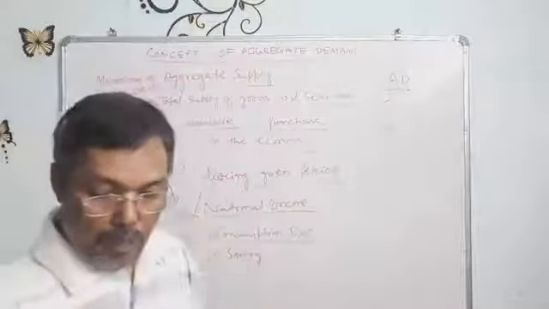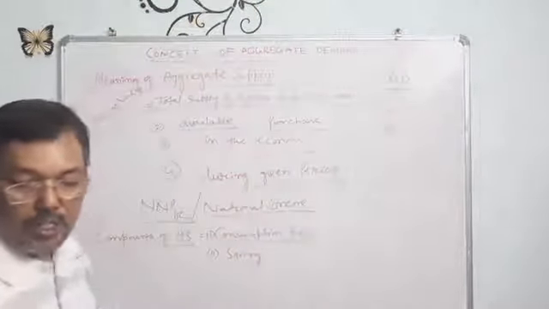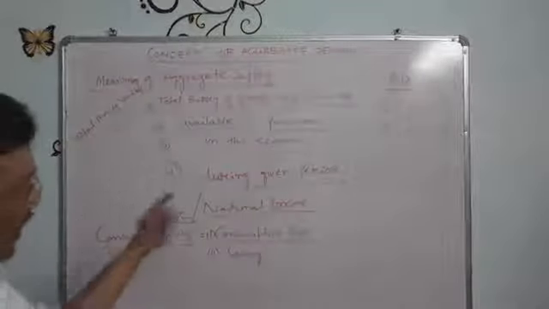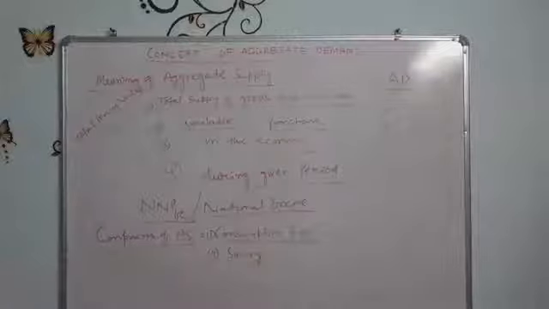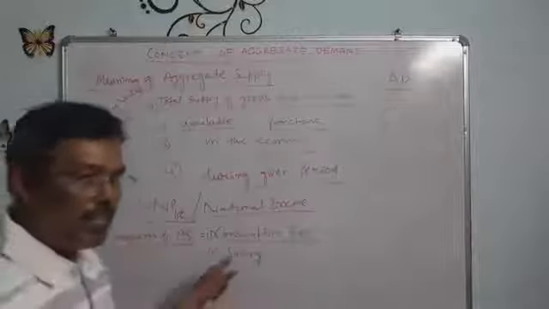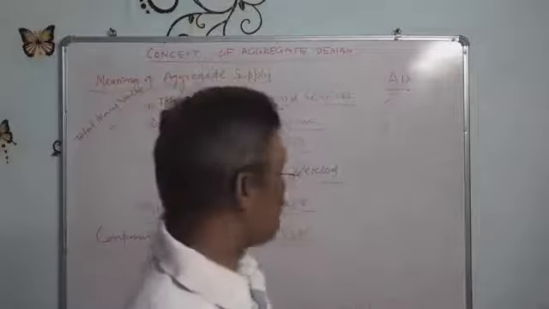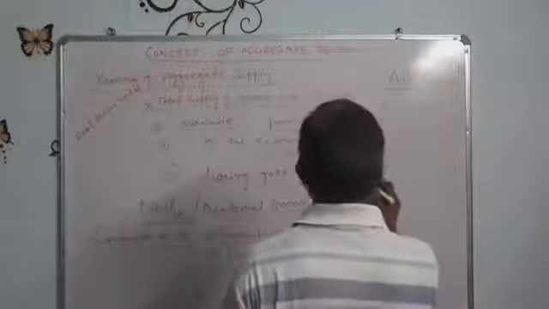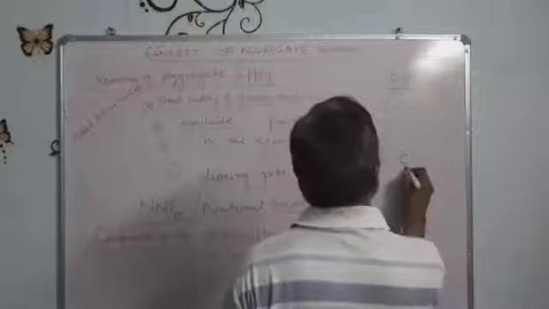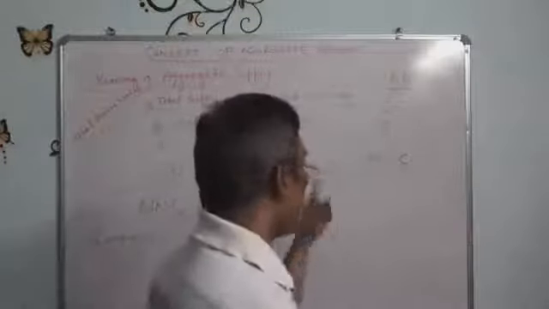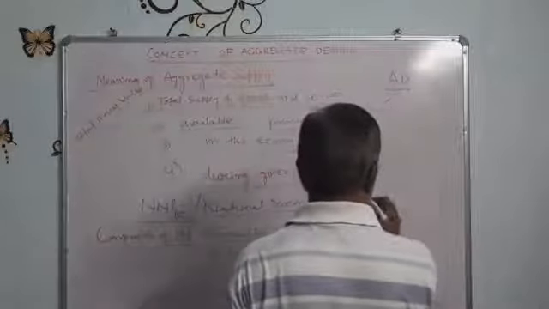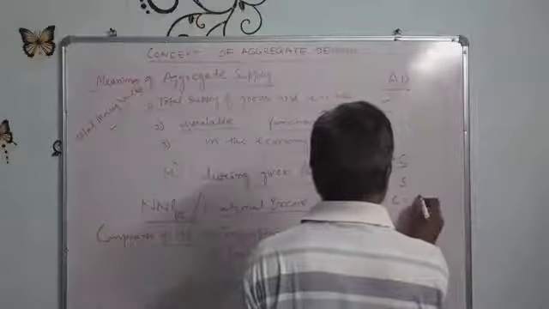A major portion of income is spent on consumption of goods and services, and the balance remaining after consumption is called saving. It means Y minus C equals S.